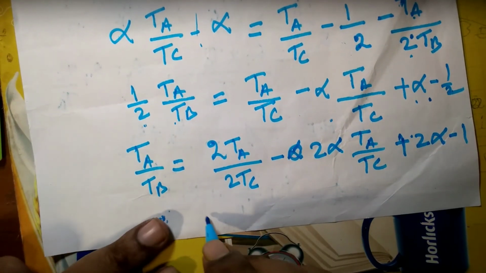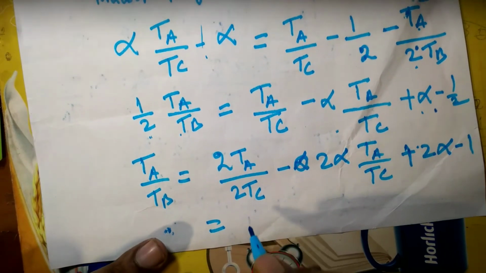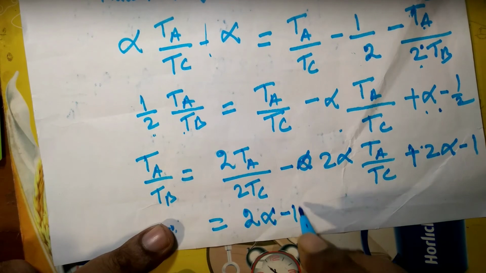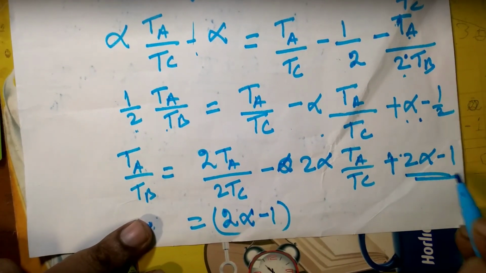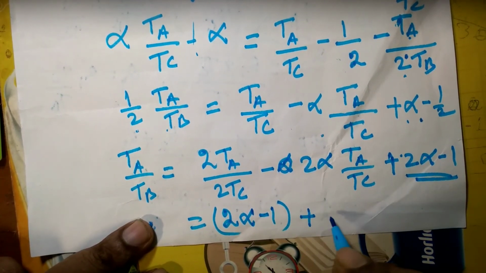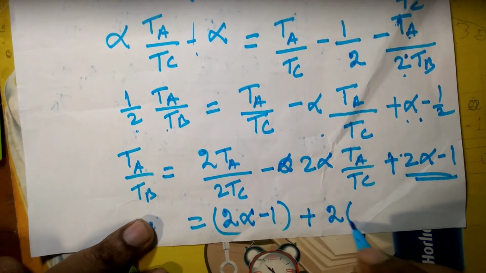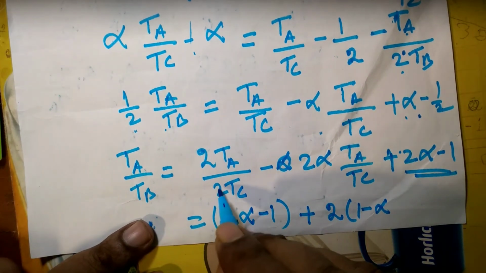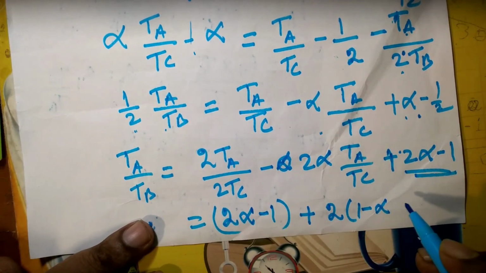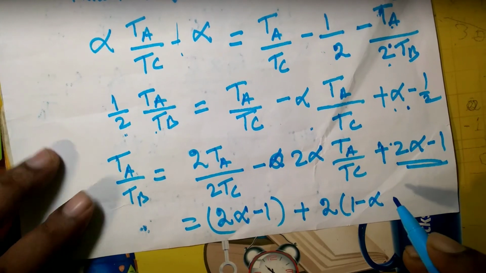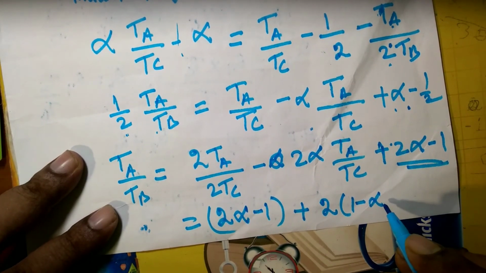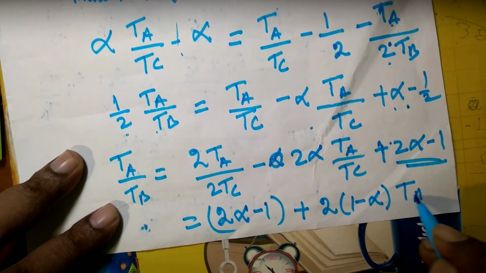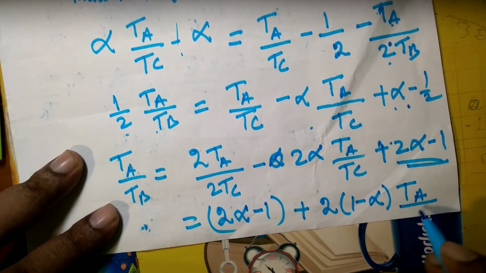So this is equal to, I can write, 2 alpha minus 1 plus 2 into 1 minus alpha TA upon TC.